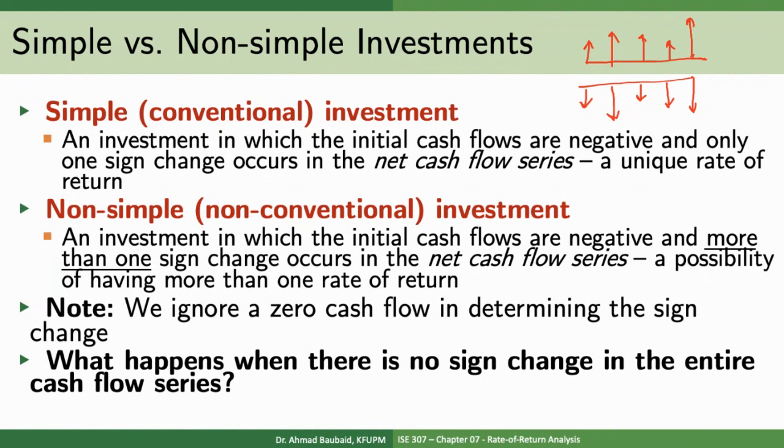So there has to be at least one sign change in the way I've said it just now for it to make sense. But if everything is income, I can't compute a rate of return if I don't have an investment, right? And if everything is a cost, I can't compute a rate of return if everything is just outflow, if I don't get some money back on this outflow. So conceptually, you can see that there's not going to be a rate of return really. It's not really well defined in this case.